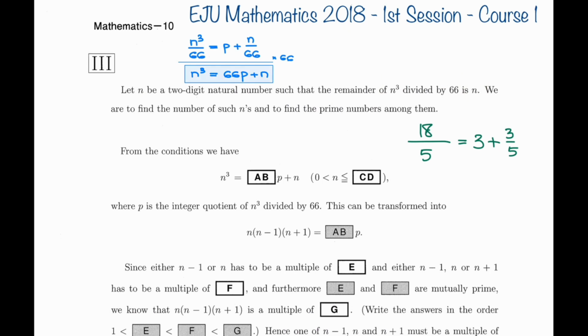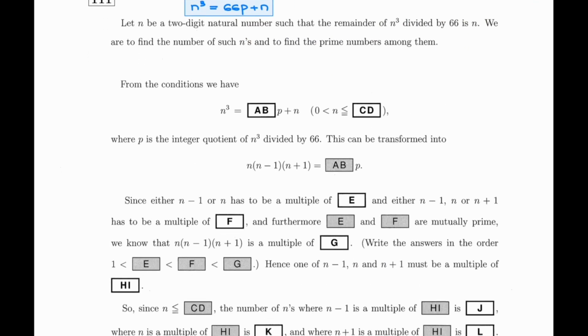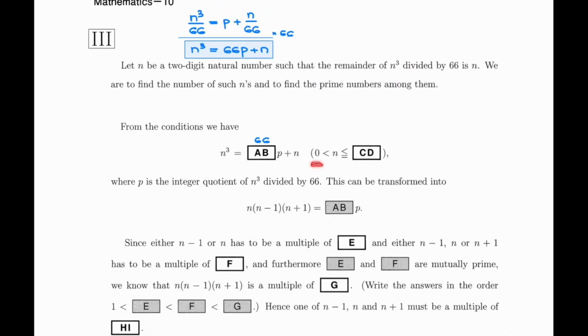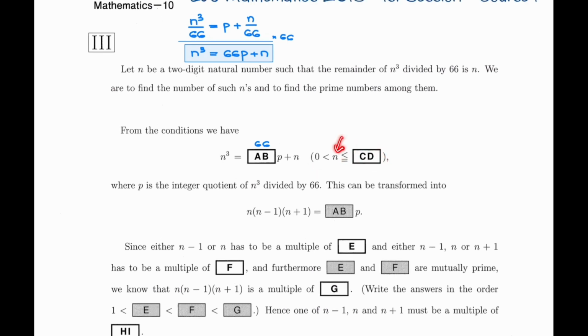n cubed is equal to AB, so AB here is 66p plus n. My answer for AB is 66. And then this expression only follows for n between 0 and CD. As you can see here, n is the remainder.